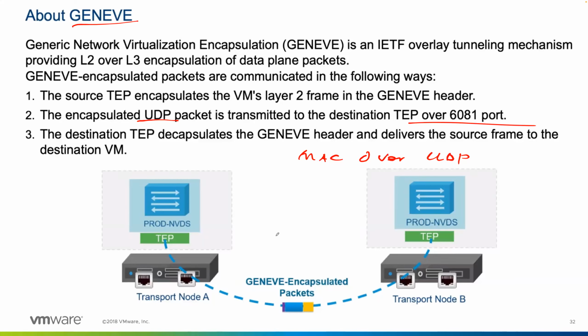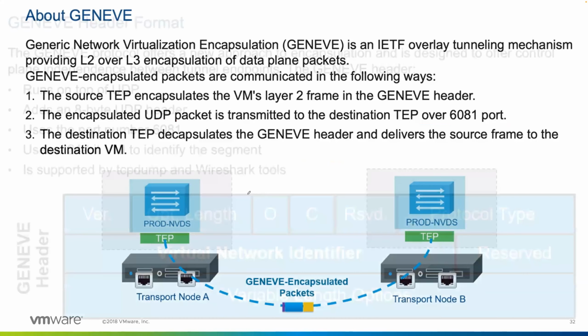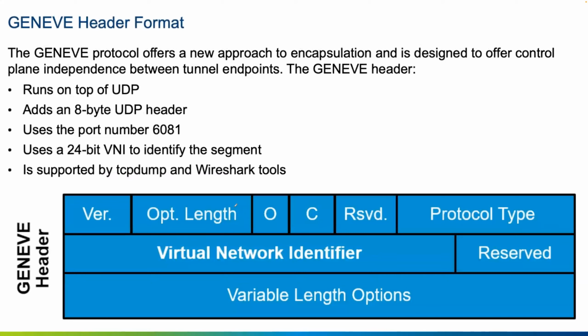VMware just adds some TLVs, and some specific proprietary fields on this VXLAN encapsulation, to make it more flexible, for example, to carry other fields for NSX to work well.